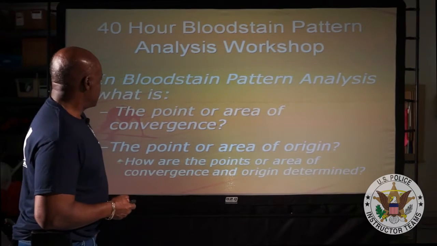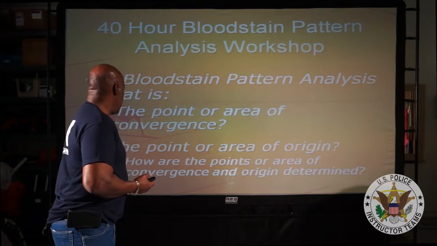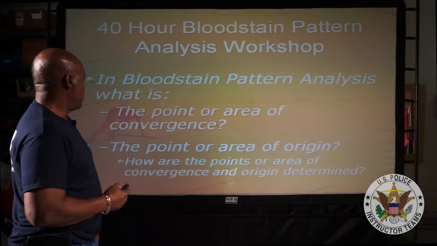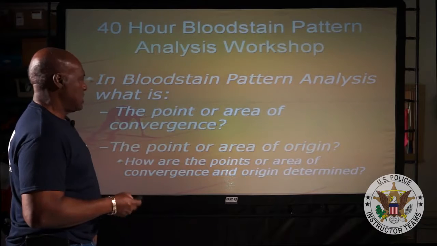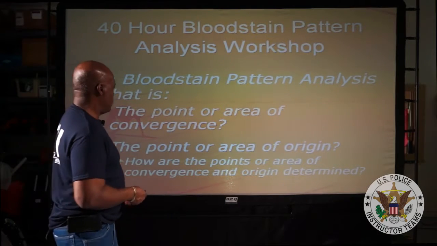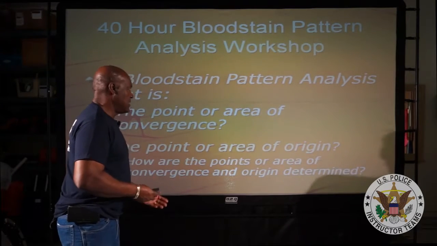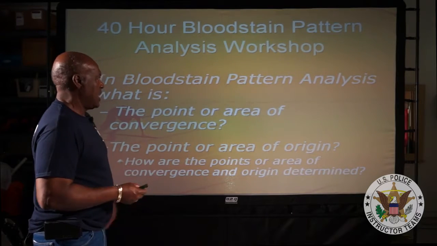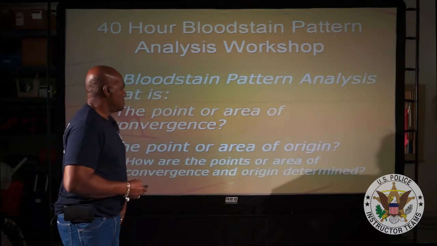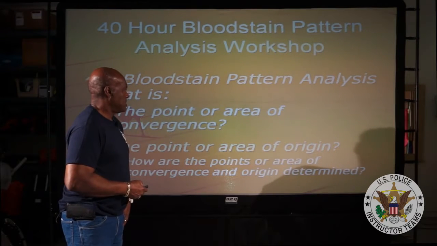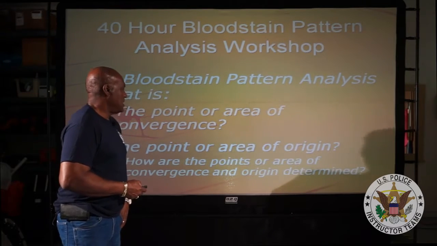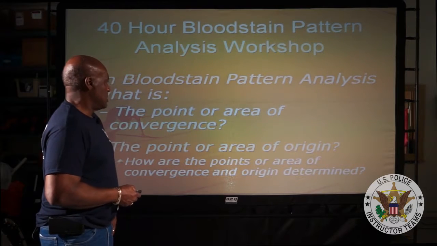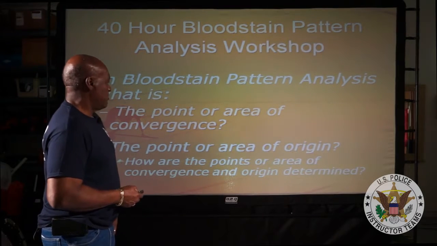In blood stain pattern analysis, we determine the point or area of convergence and the point or area of origin. The point or area of convergence is normally done on the surface where the blood stain is, and we just draw lines in the opposite direction to the tail of the blood stain of the selected spot, and where these lines converge is the area or point of convergence.